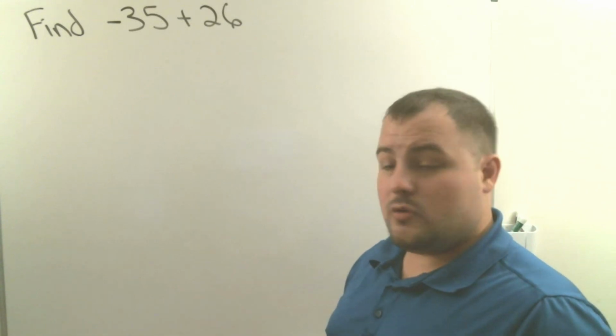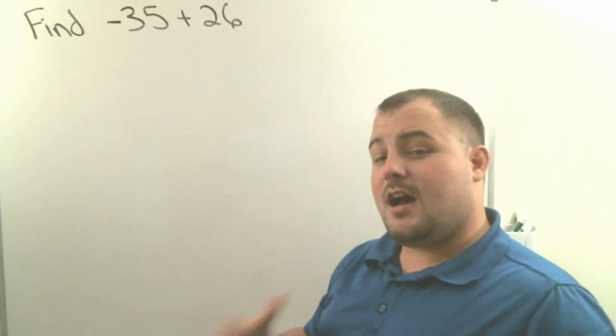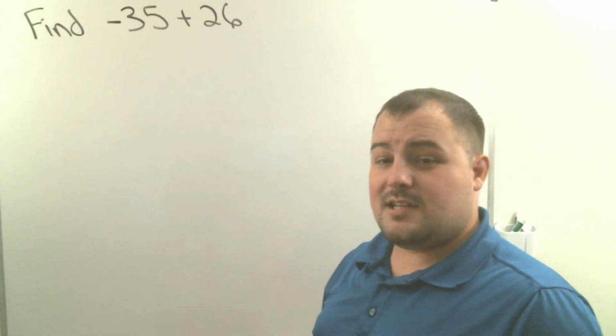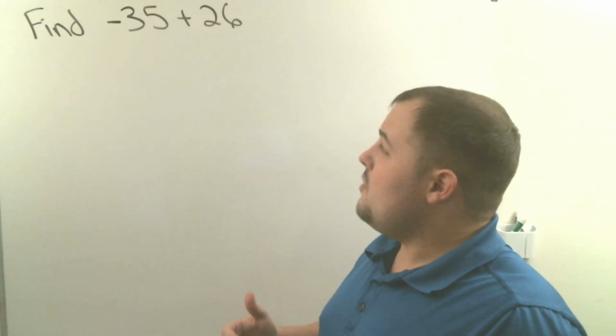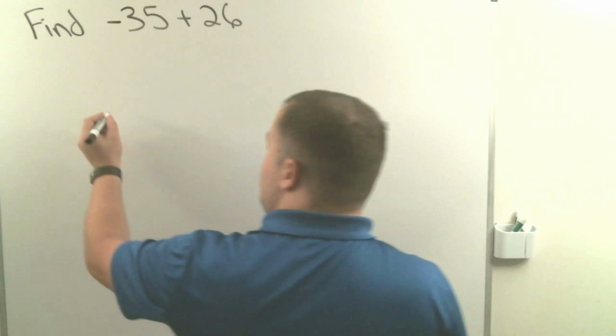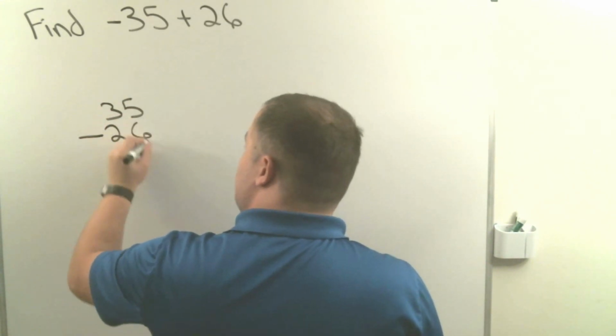So what we can do is we can look at these and we say, what's the absolute value of negative 35? How far away is it from 0? Well, it's 35 spaces. What's the absolute value of 26? It's 26. So we say, which one's bigger? 35 is bigger. So what we do is we take 35 and we subtract 26.